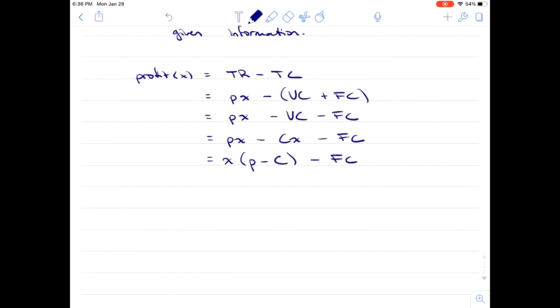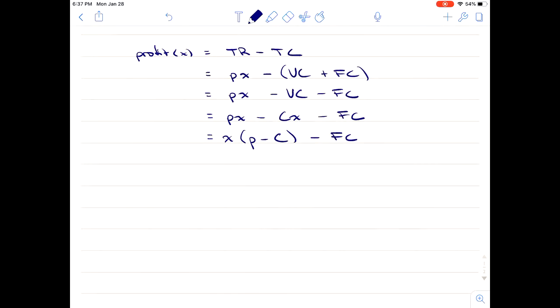And then we did examples of this, where we are given this information and have to develop the profit function. And we talked about things like, what's the shutdown point? The shutdown point.